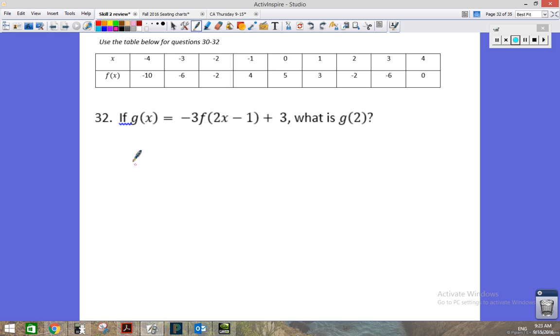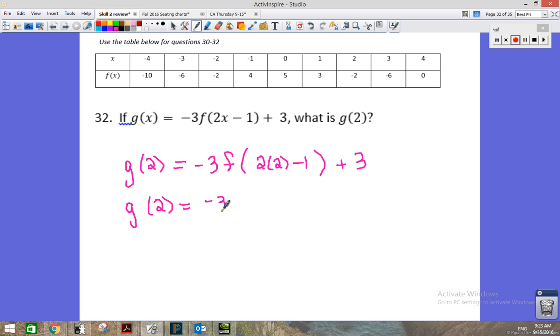So let's substitute here. g evaluated at 2. So I have 2 times 2, which is 4. And 4 minus 1 is 3. And hopefully I can see that in the table. Hopefully the table will provide us what f evaluated at 3 is.